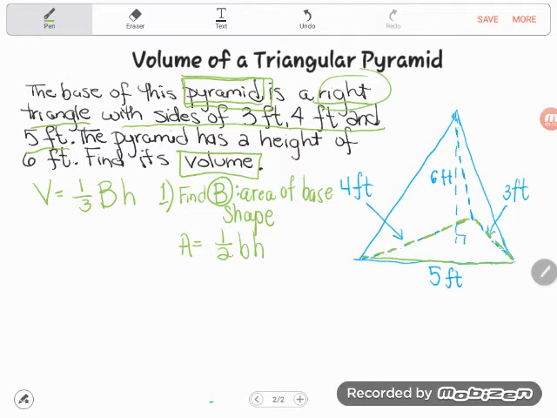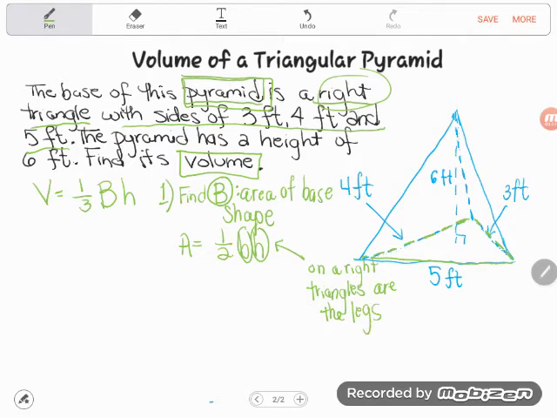And on a right triangle, the base and height are always the legs. Those are the two sides that are around the right angle. Now you might say, how am I supposed to tell? There's no marking on this triangle to tell me which one's the right angle.